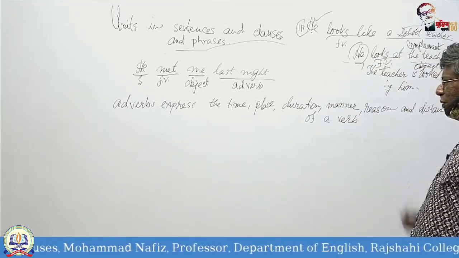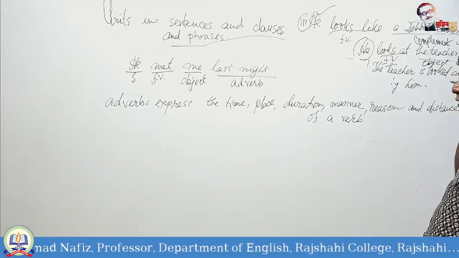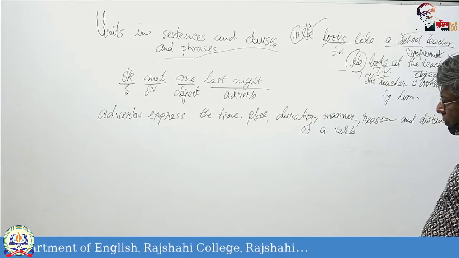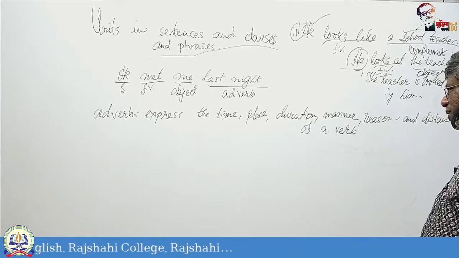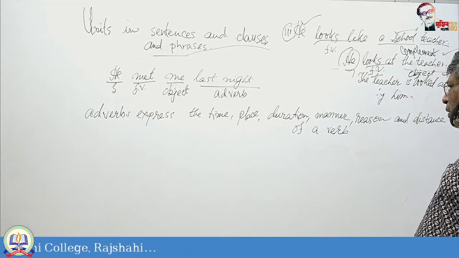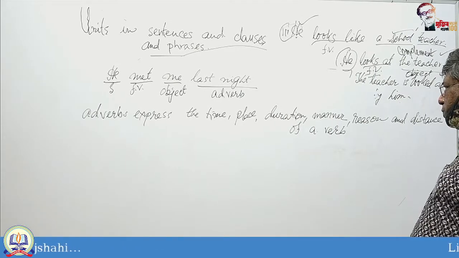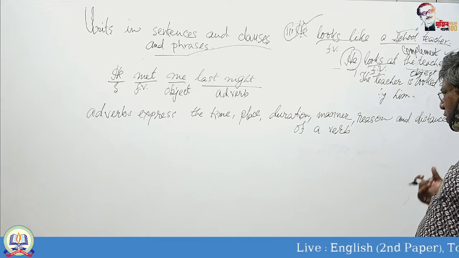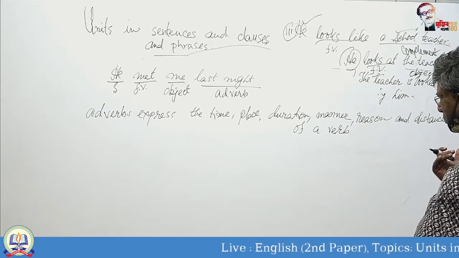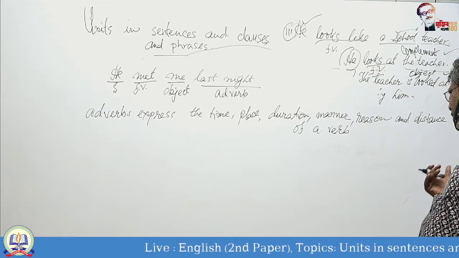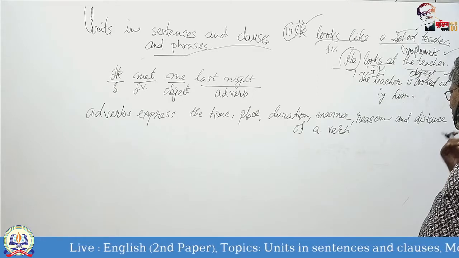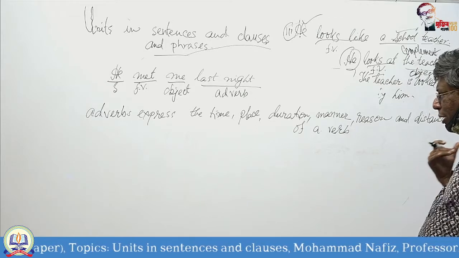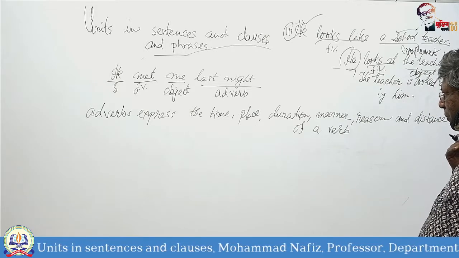The function of adverbs is to express the time when the verb takes place, the place where the verb takes place, duration, how long the verb takes place, manner, how the verb takes place, reason, why the verb takes place, and distance, how far the verb took place.